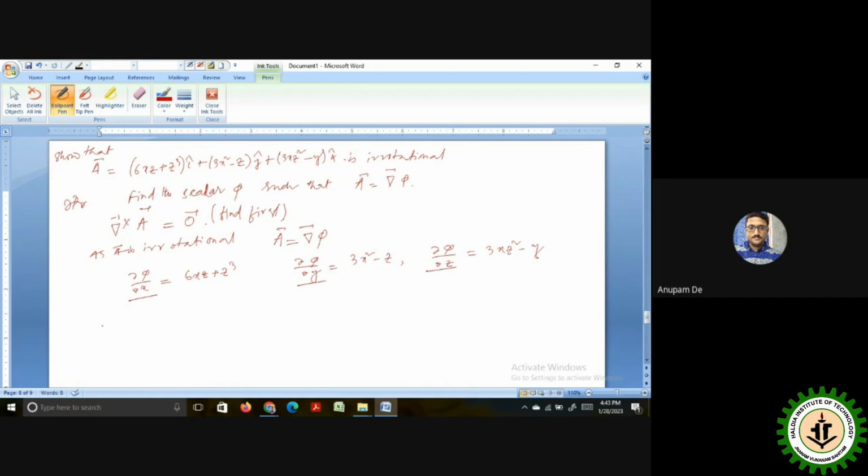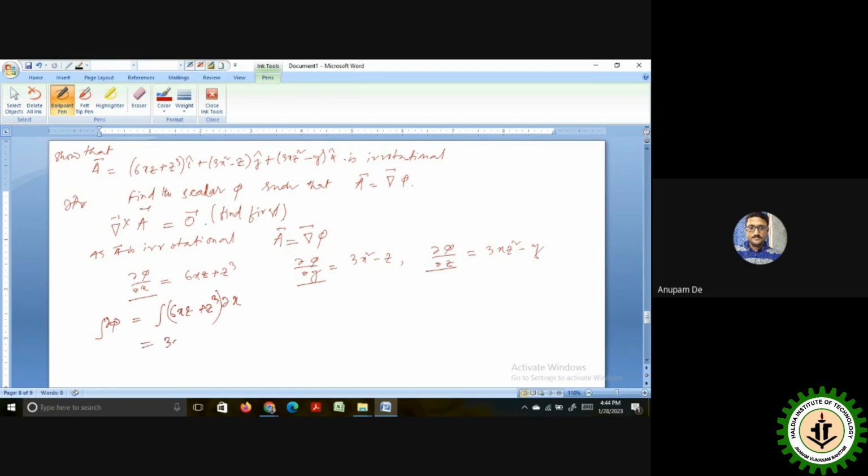So whenever you will be integrating here, integration of del phi is equal to integration of 6xz plus z cube. You can write del x because you are integrating partially with respect to x. So what will be here?